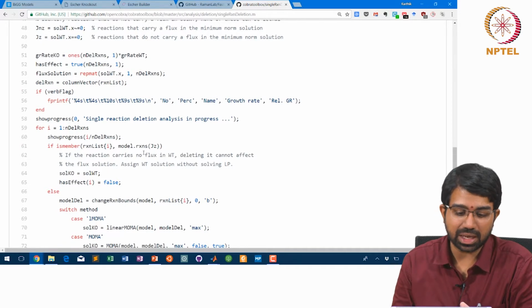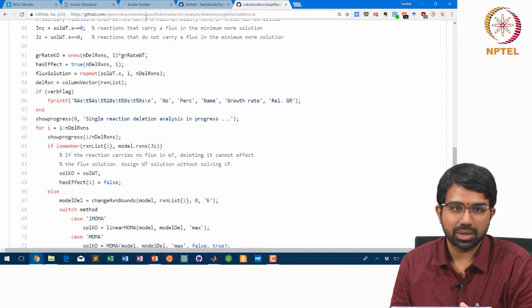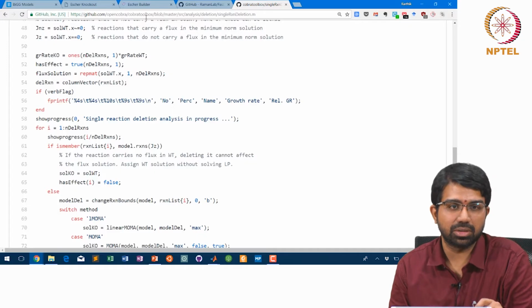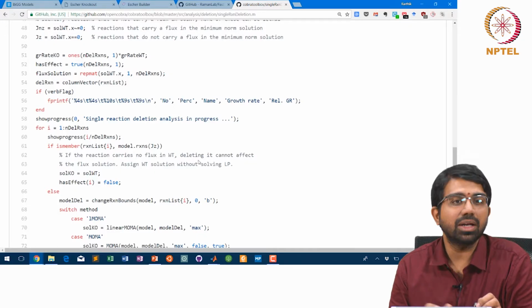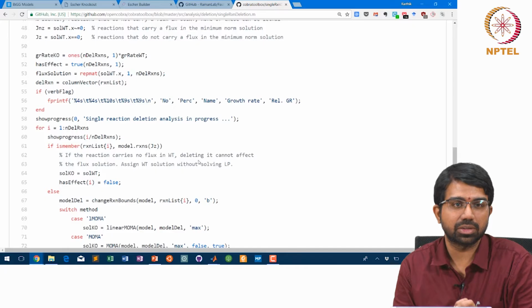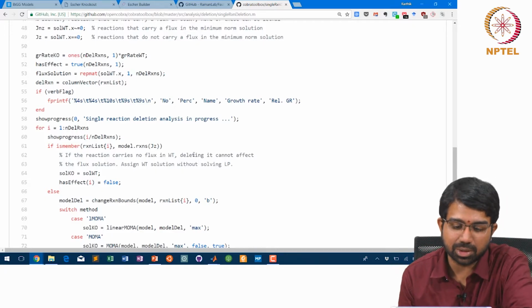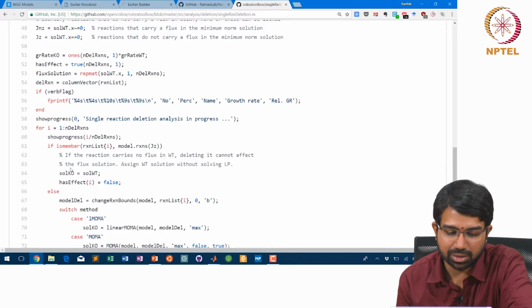If the reaction carries no flux in the wild type, in any given FBA solution, you can remove it without affecting the flux solution, and you can basically assign the wild type solution to the knockout solution without even solving the LP, and that is where we say has effect is false. There is no effect actually on deleting that reaction.